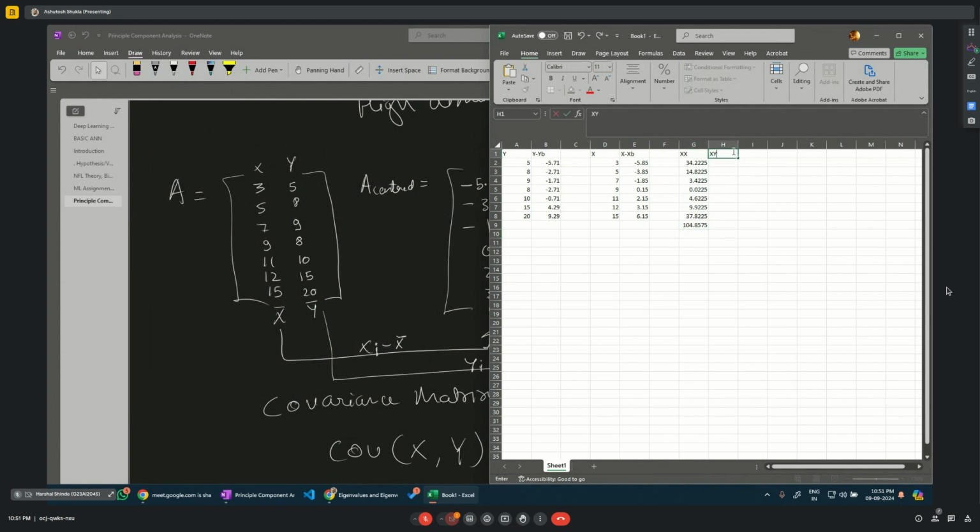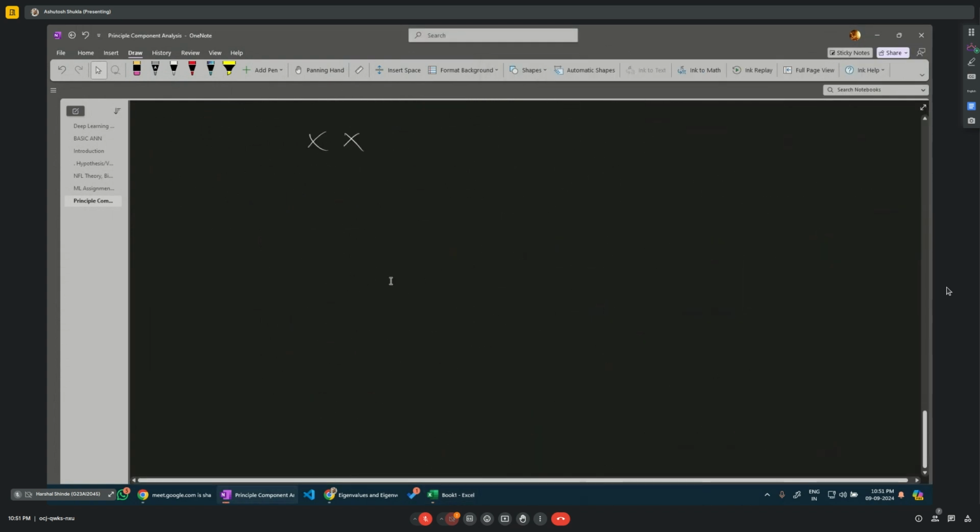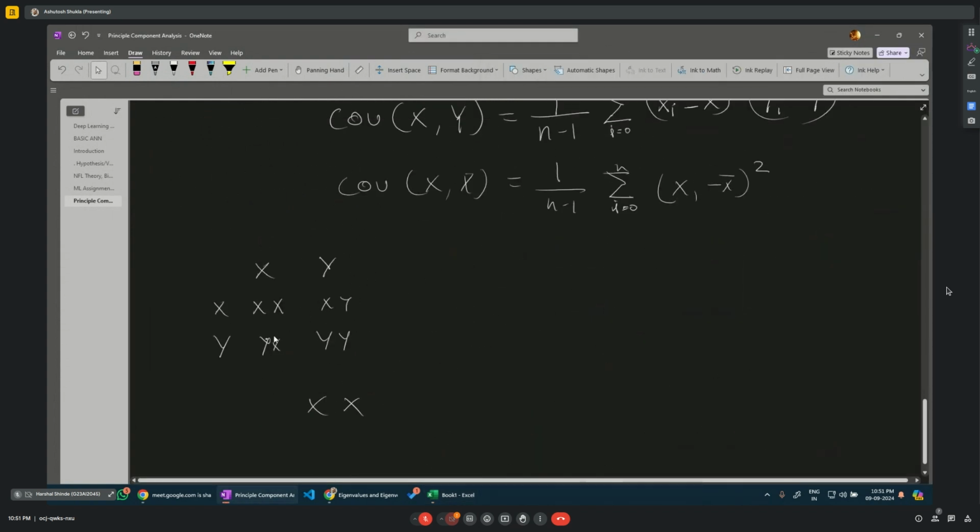And xy is going to be just the multiplication of this multiplied by this. If you multiply this with this, that is xy. And if you do this multiplied by this, that is yx. So xy and yx are going to be the same points. There will be no difference between these two.